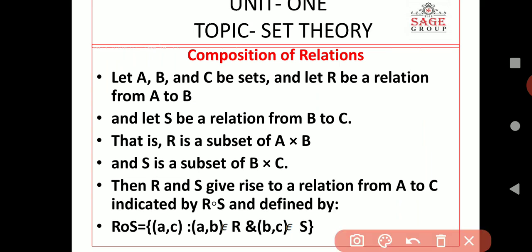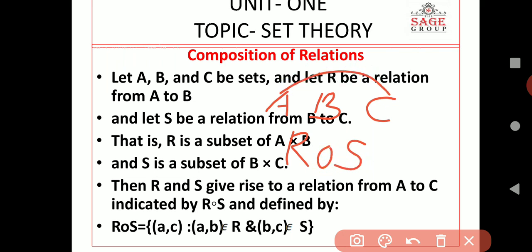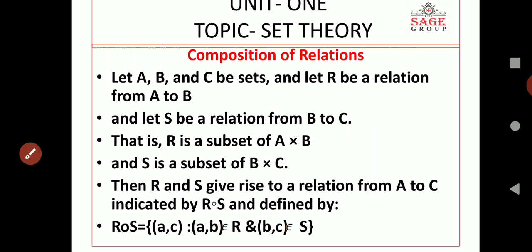If A be any set and B be any set, and we have a relation from A to B defined as R, and we have another set C and a relation from B to C, S, then the relation from A to C, defined as R o S, is called the composition of relation.